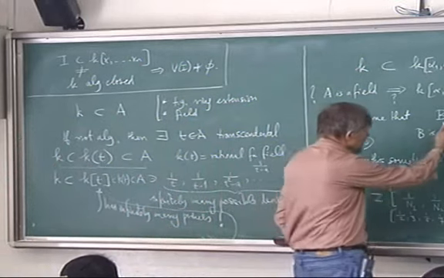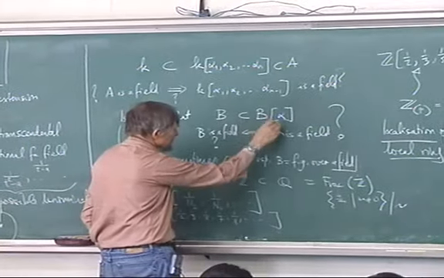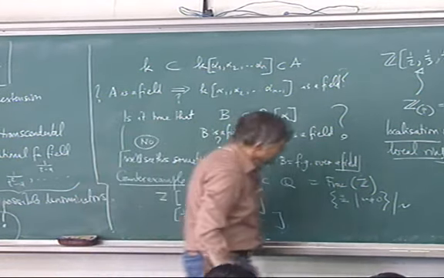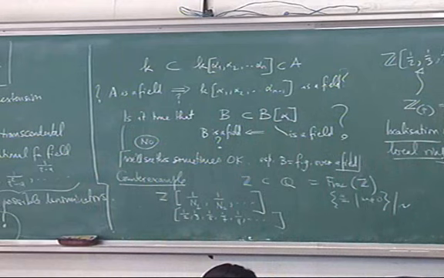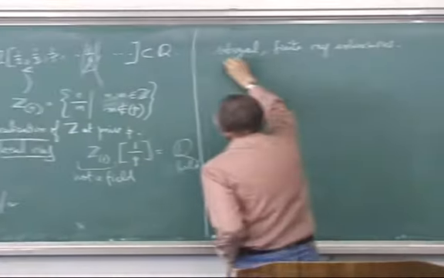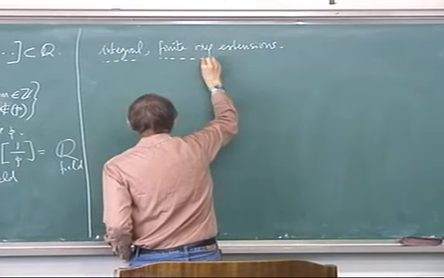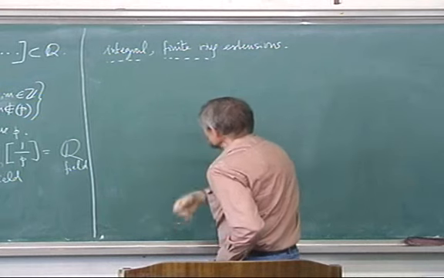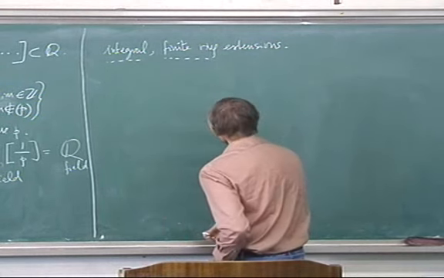Here I'm saying, is it true that if I only need one denominator, then necessarily the thing was already a field? I'm coming to this. These are basic ideas in commutative algebra. Unfortunately, we have to develop them.